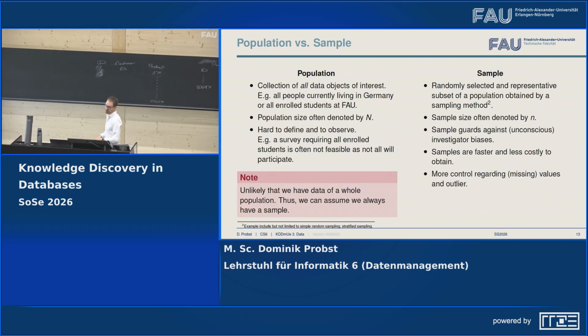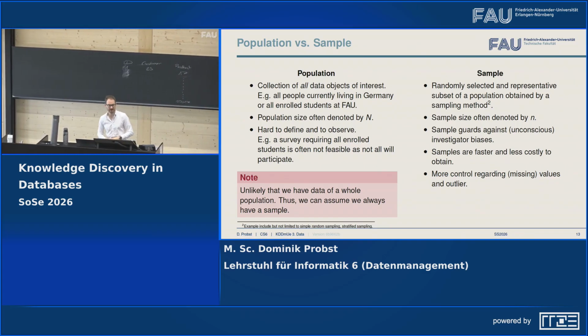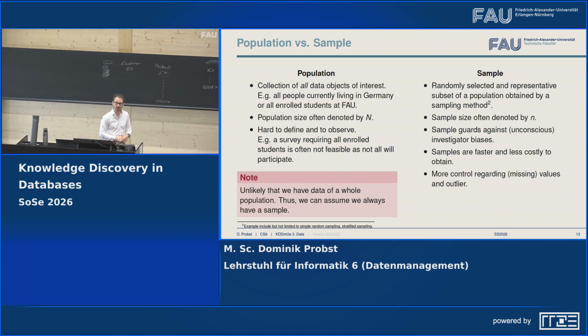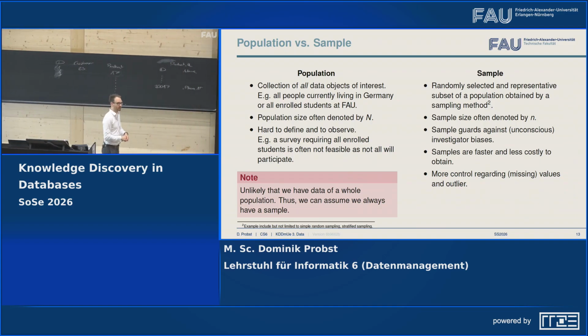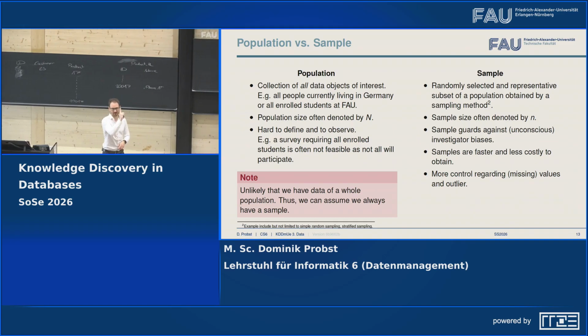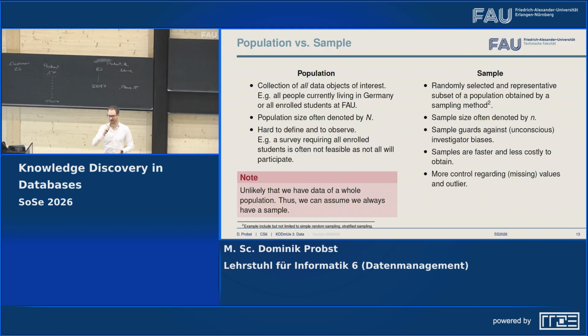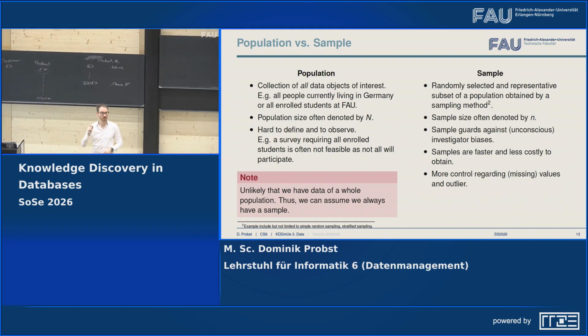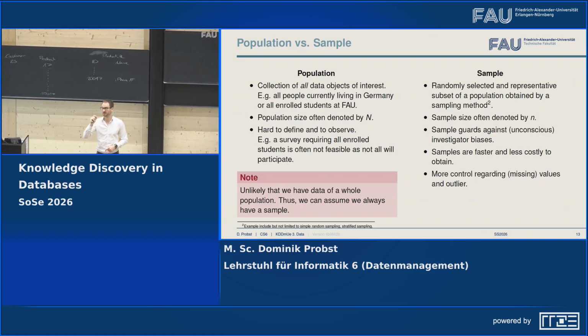And we have more control regarding missing values and outliers. Most often you would like to avoid these things. With one exception, there are data science projects where you specifically want to get to know missing values and outliers. Then, of course, you have to have them in the samples as well.